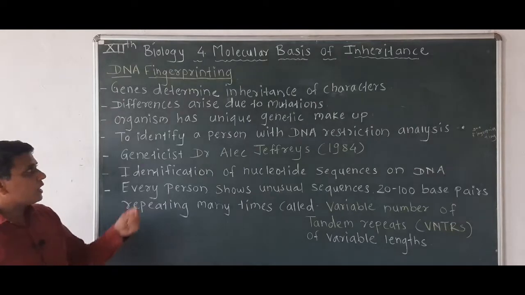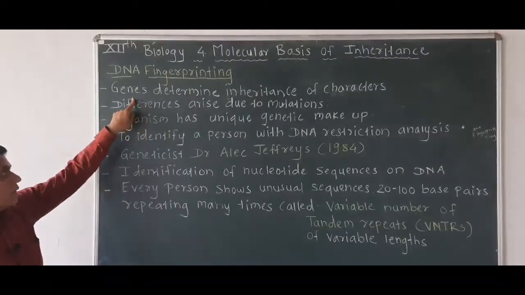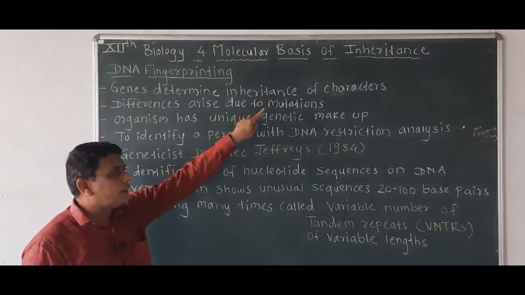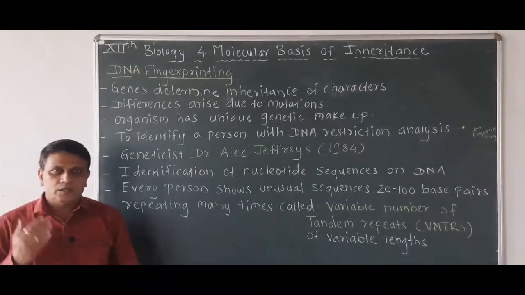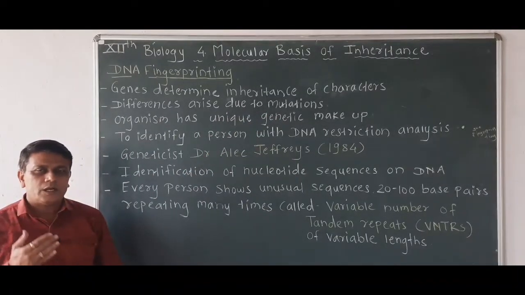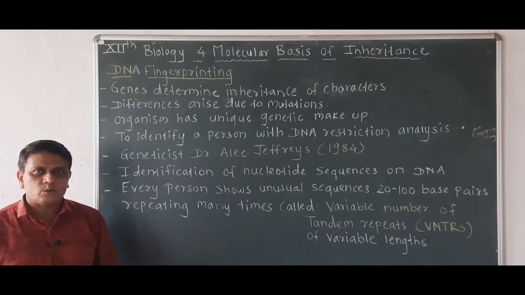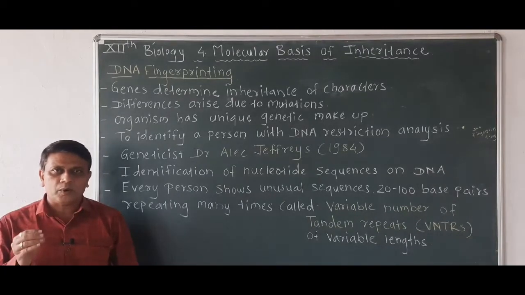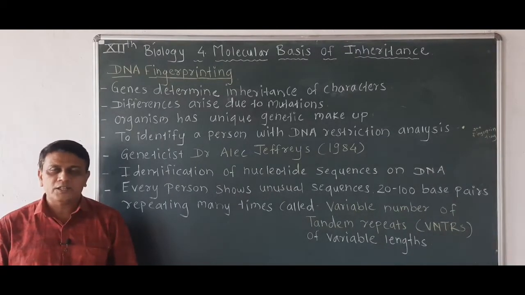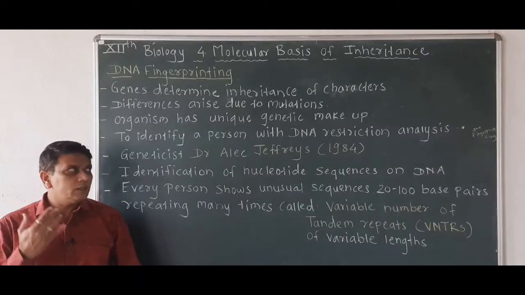The genes which are present in the organism determine inheritance of characters. That means the genes are transferred from one generation to another generation, and due to these genes the organism develops particular characters. It is called gene expression.